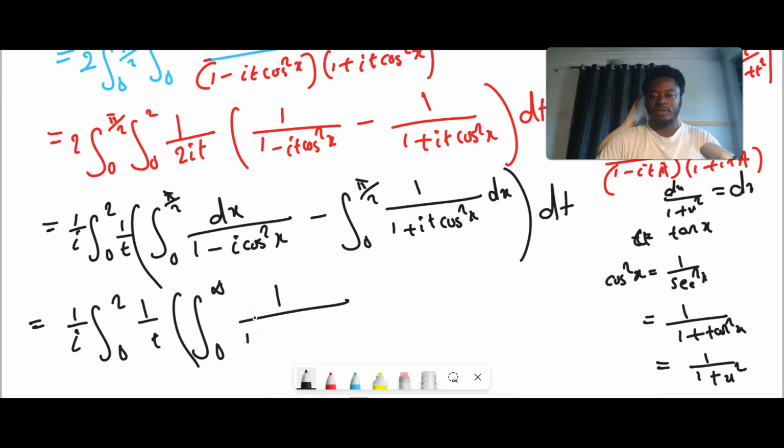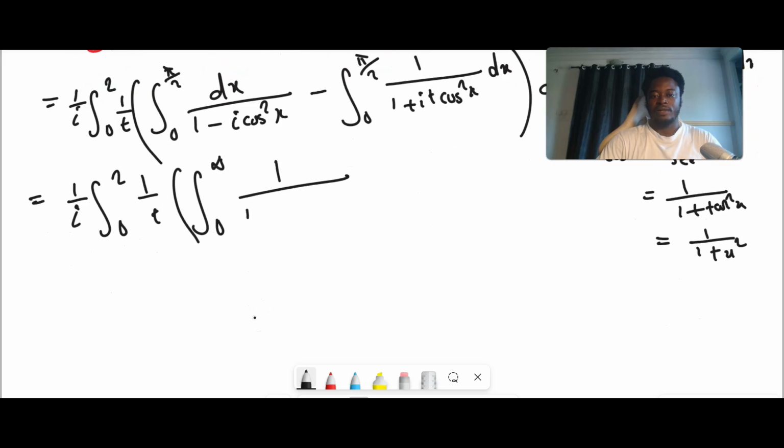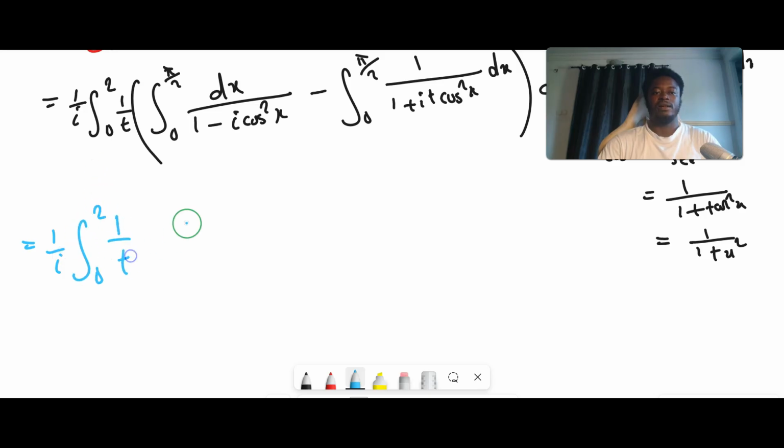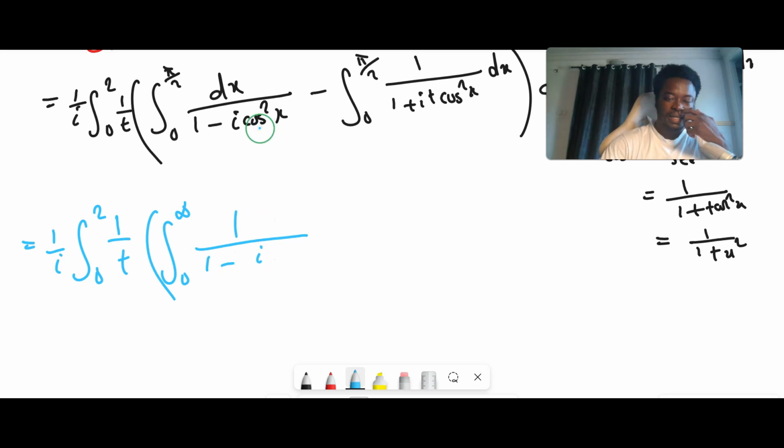Let me write this below so I will have ample space to illustrate what I'm going to illustrate here. So you would have 1 over i, then you multiply this by the integral from 0 to 2 of 1 over t, and then the integral from 0 to infinity of 1 divided by 1 minus it, there's a t here actually, 1 minus it all over 1 plus u squared.